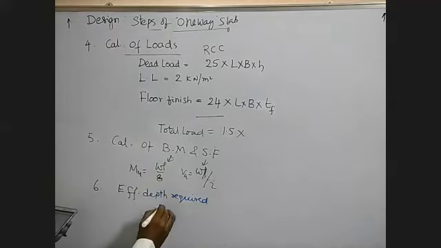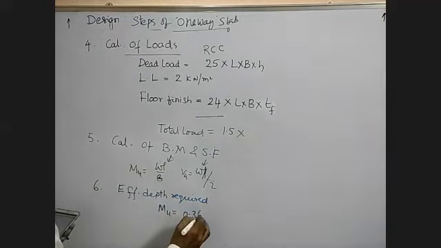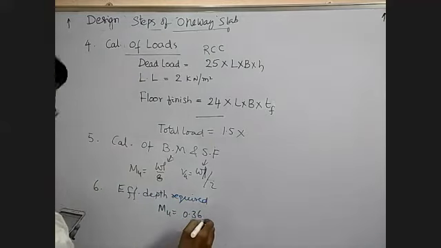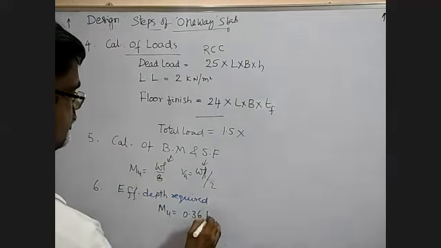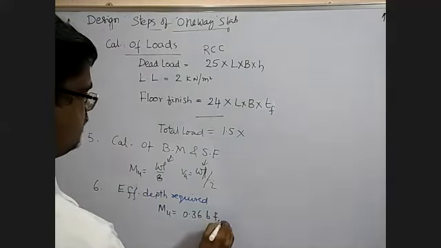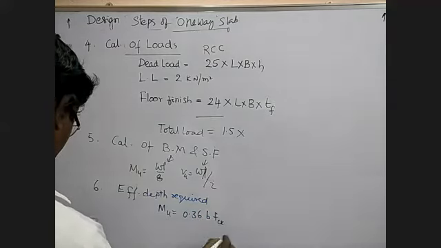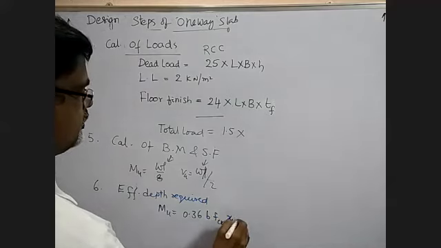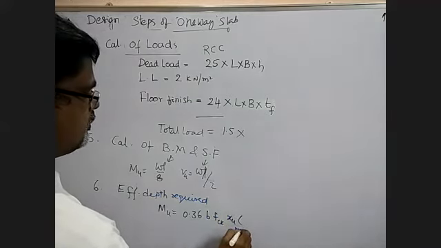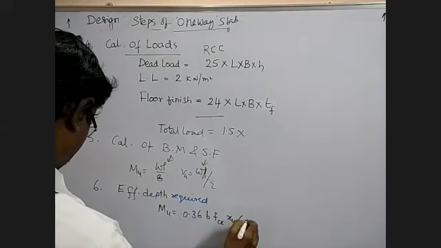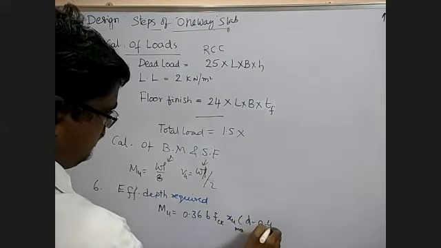So MU is equal to 0.36 into B into FCK into XU into (D minus 0.42 XU max).